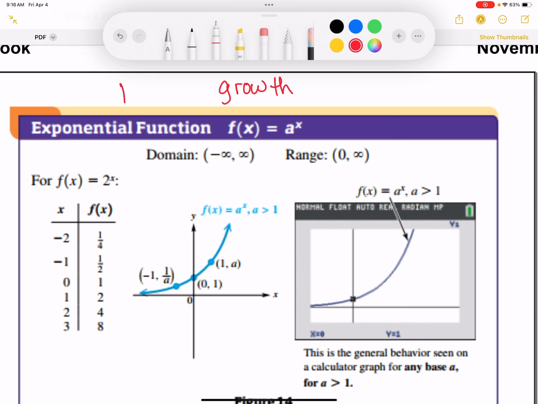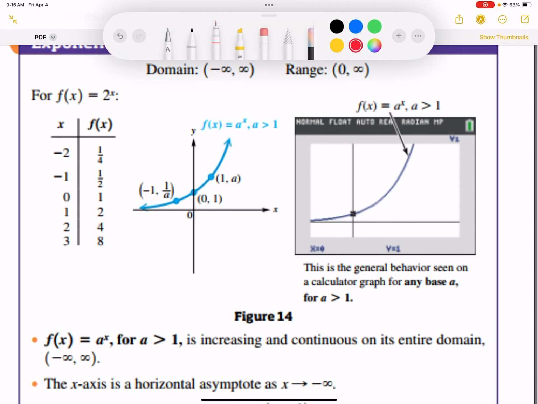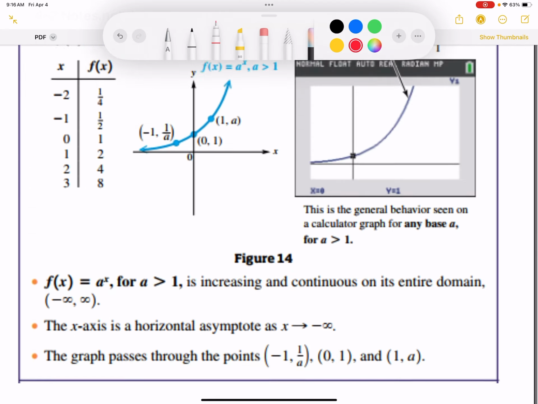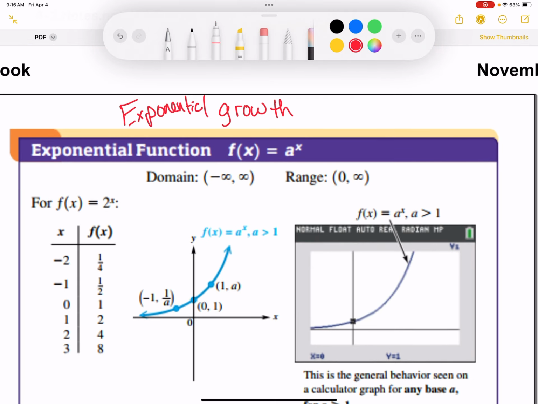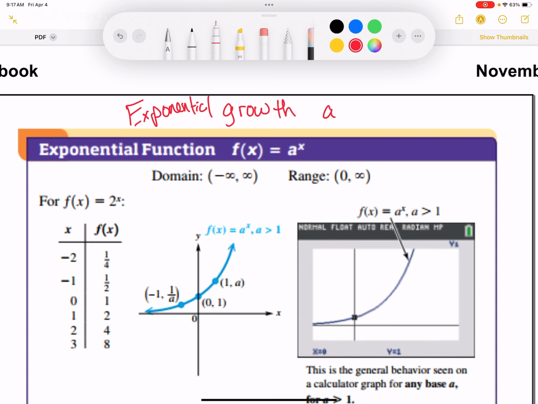Right, this is exponential growth. And is this going to show it? All right, yeah. Really, it is exponential growth when the absolute value of a, I'm going to just say a, when a is greater than 1.